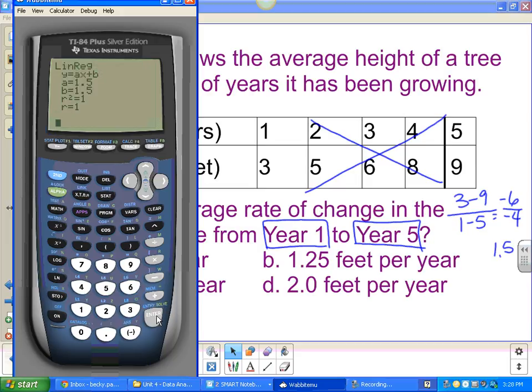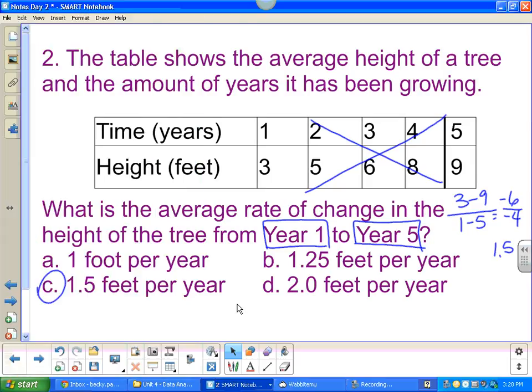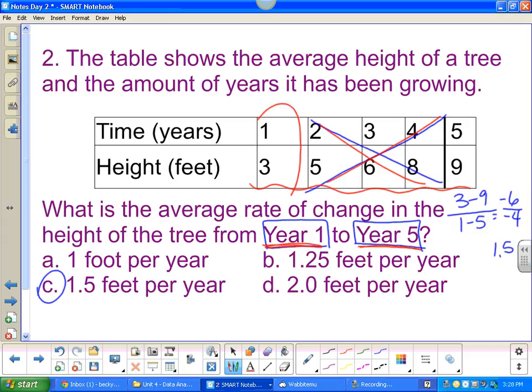And as you can see, I want the slope because it's the average rate of change. So that would be my a value, which is 1.5. So either way, you get the same answer. The kicker here is just to remember that it's just year 1 to year 5, so do not type in all of the data. Only type in year 1 and year 5.